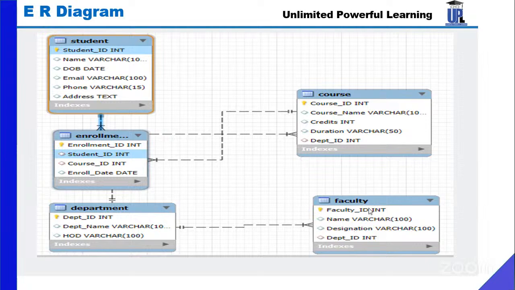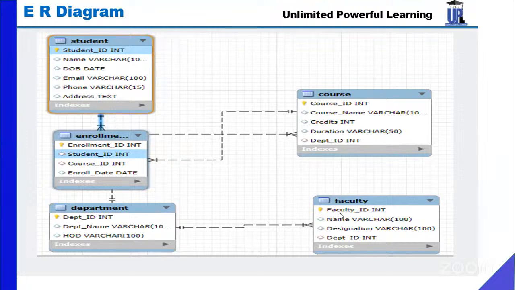But how does the faculty member work with the department? Then I have to tell which department. To tell which department, this should be a primary key in that table. Department ID is a primary key, so I have added it here. This is the primary key of another table, referred to here, and this is called a foreign key. So that means unique and not null, like a faculty ID, it should not be null at any time.